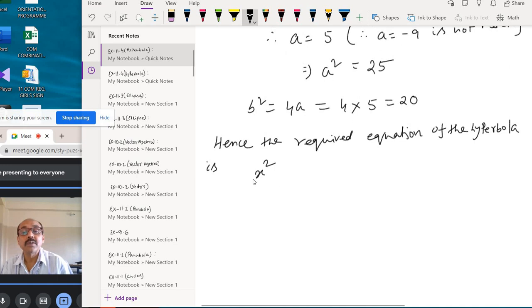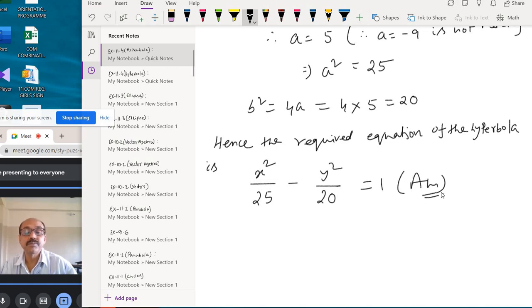So a square is 25, x square by 25 minus y square by b square, 20, equal to 1. This is the answer. Okay, clear? Yes, sir.